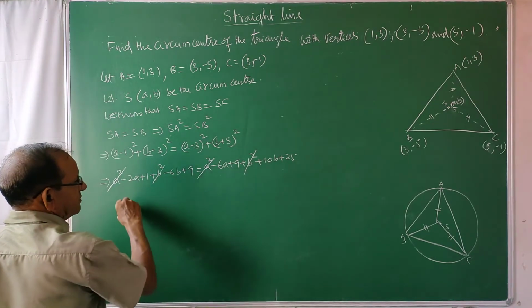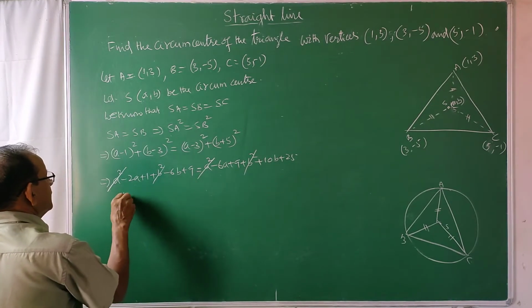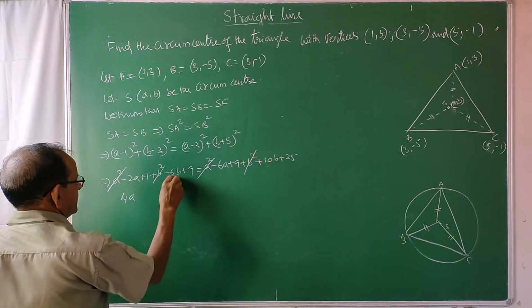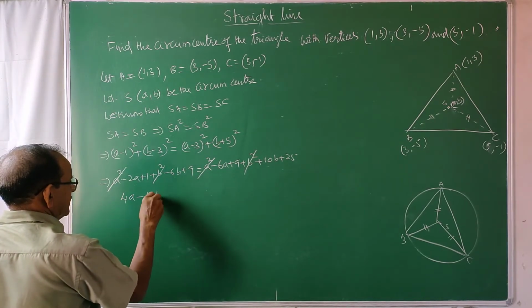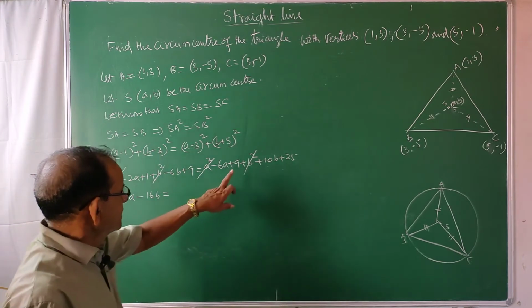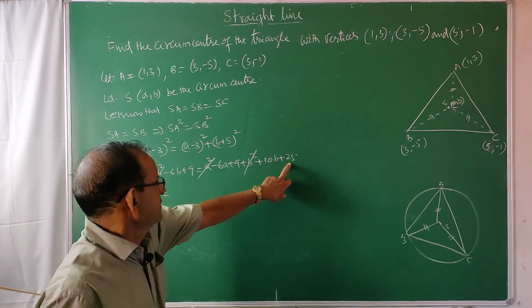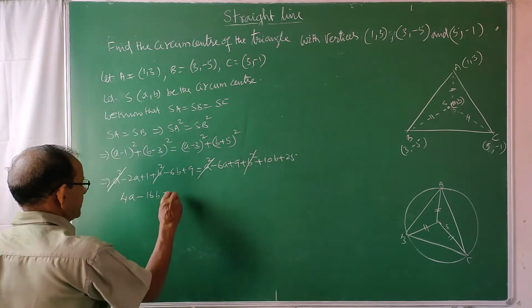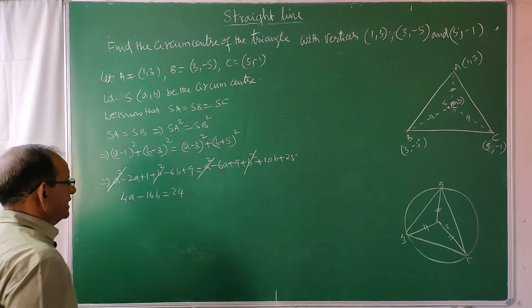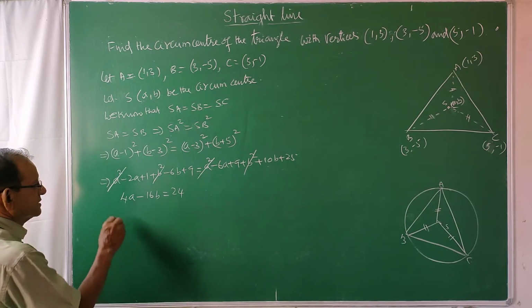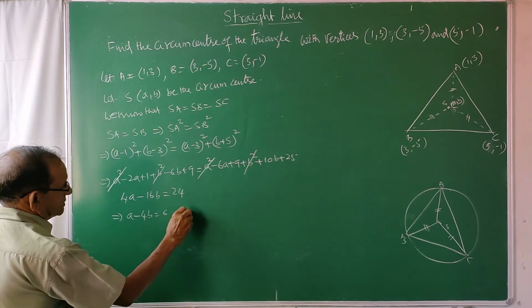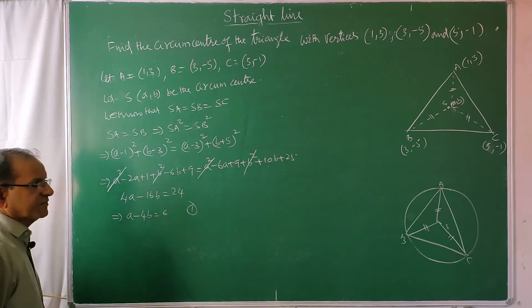Minus 6a will become plus 6a. 6a minus 2a is 4a. And 10b will come to the left side as minus 10b and minus 6b, minus 16b is equal to constant on the right side, 9 plus 25 is 34, and here it is 10. 34 minus 10 is 24. So you can cancel 4 on both sides. That implies a minus 4b is equal to 6. Take it as equation 1.